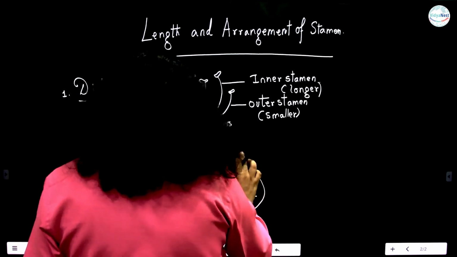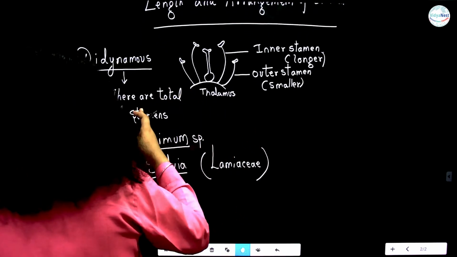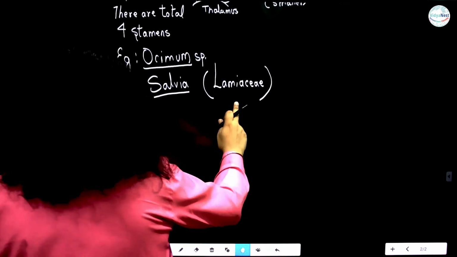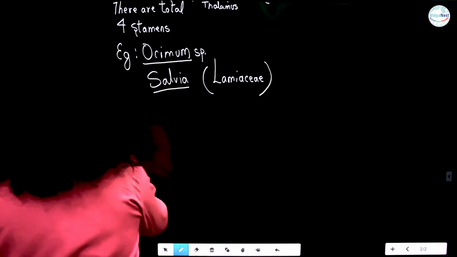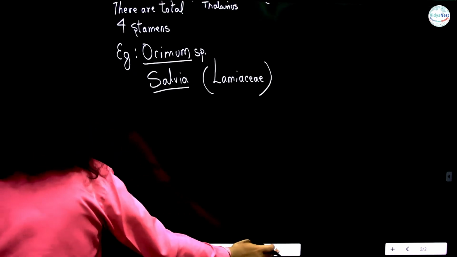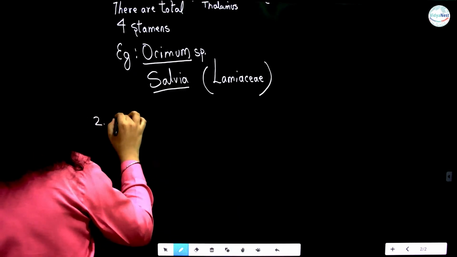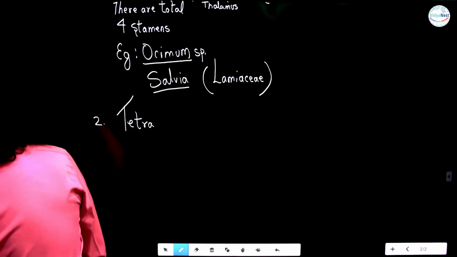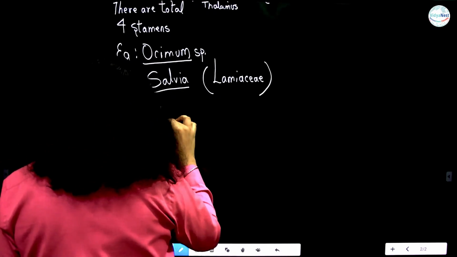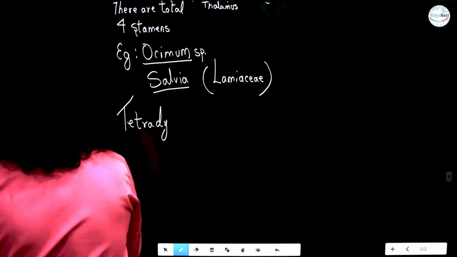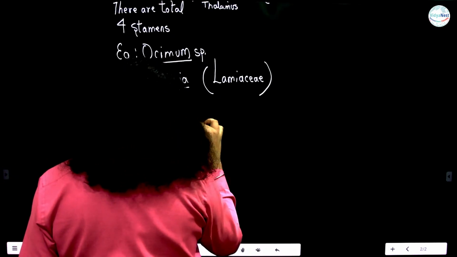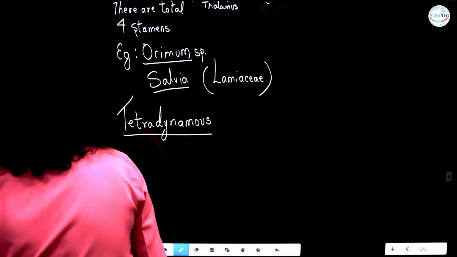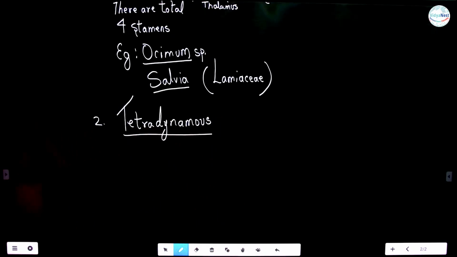After the didynamous condition, another condition is known as tetradynamous, number 2. What happens in the tetradynamous condition?